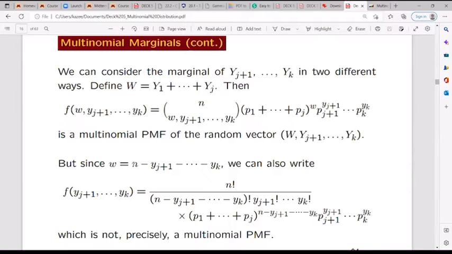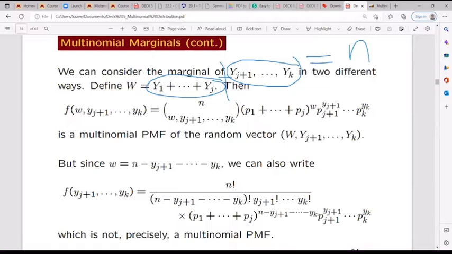This is y1 to yj, and this is yj plus 1 to k. If I add all of that together, that would be equal to n, which means it's going to be y1 up to yk.